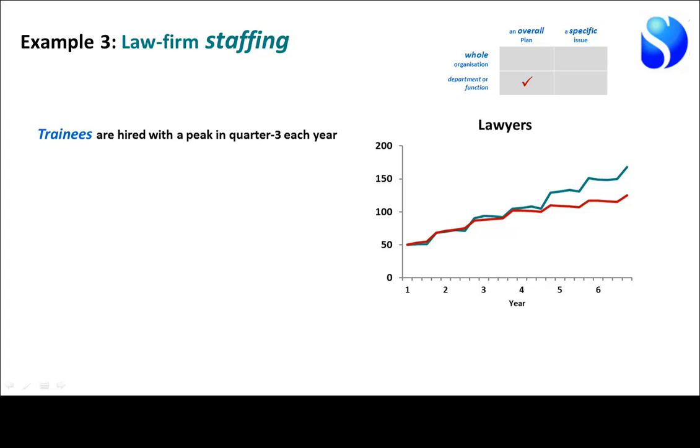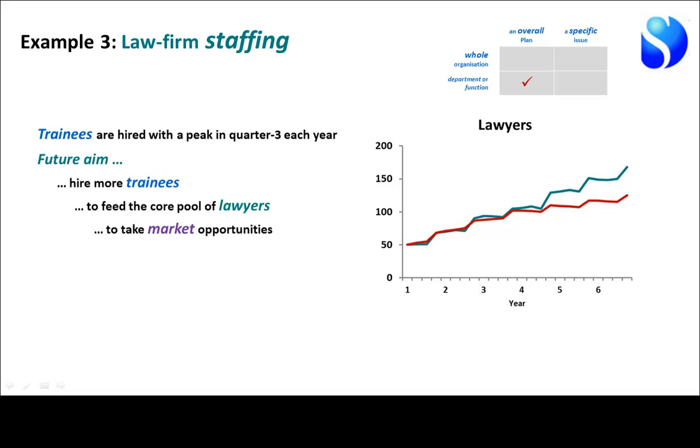Now, this might seem like quite a long view out into the future, but of course we already know how many lawyers are going to graduate in 4 years' time because they've just started on their law degrees. So it's not as speculative as it might seem.